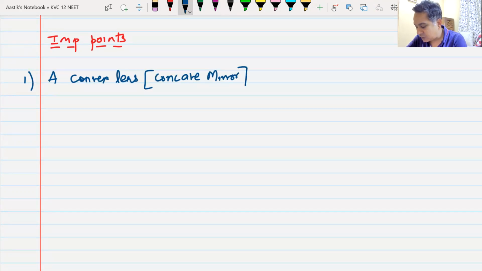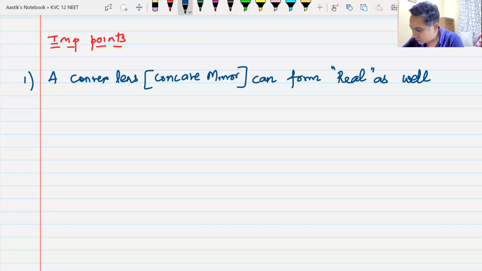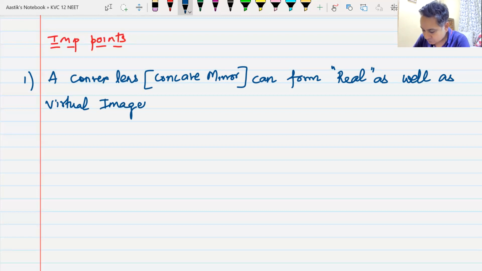A convex lens or a concave mirror can form real as well as virtual images for real objects. Do we understand this?